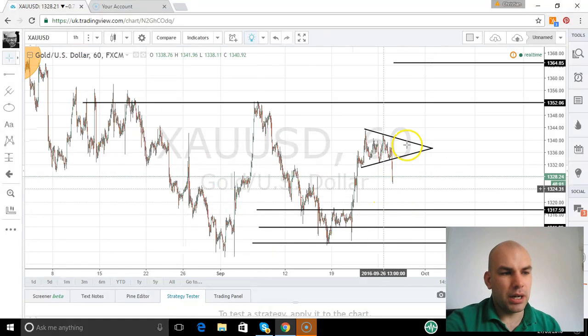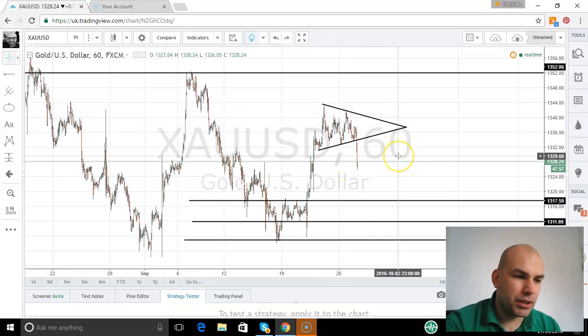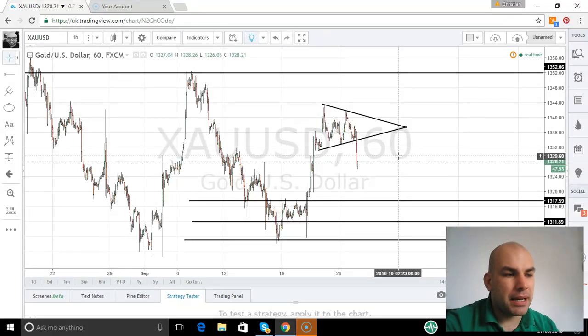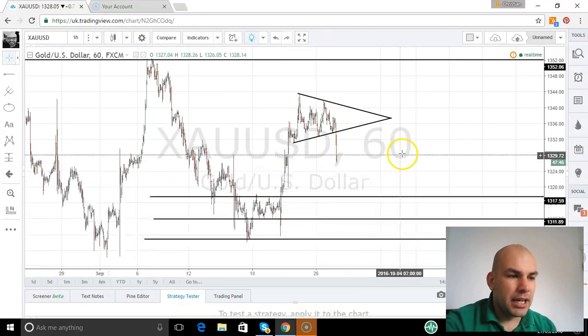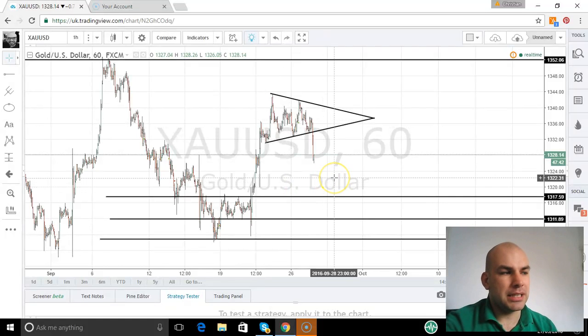But the main reason as to why this happened: technically the pattern failed, as there was not enough movement to the upside. Fundamentally, it's based on the Trump and Clinton debate last night. It was reliant on the actual outcome of that debate, and based on the polls from the US, Clinton did take the lead.